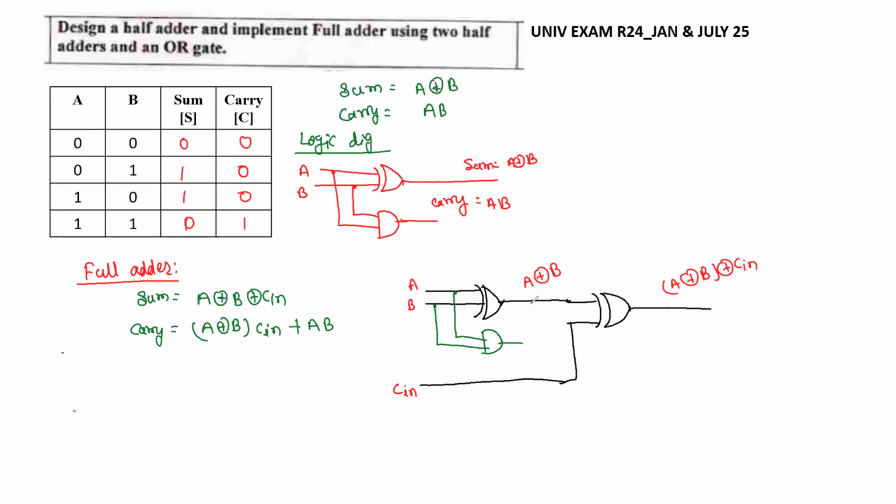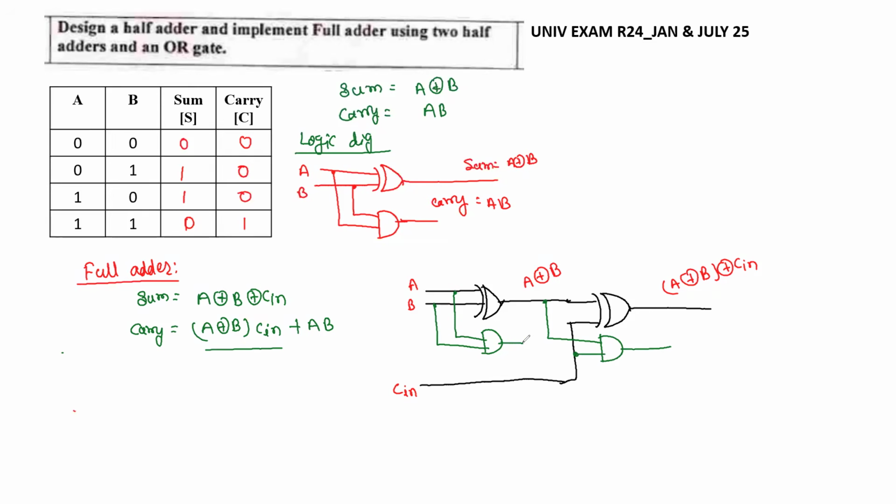Here you already have A XOR B, so we utilize this again. Another AND gate is required, since this is a product: A XOR B is multiplied with C in, so C in is the other input.